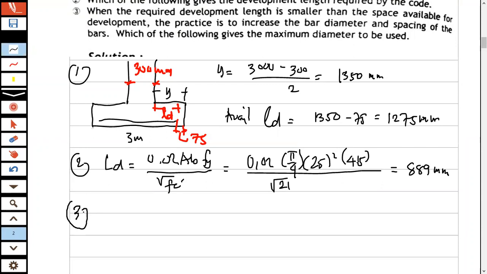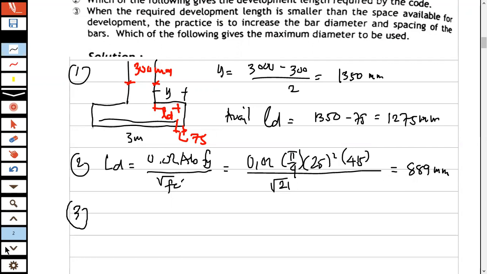Pagka mag-increase yung diameter ng reinforcing bar, obviously you can also increase the spacing of the main bar.